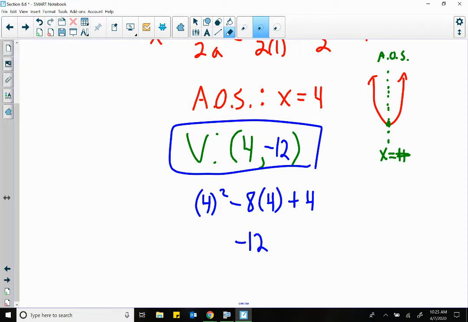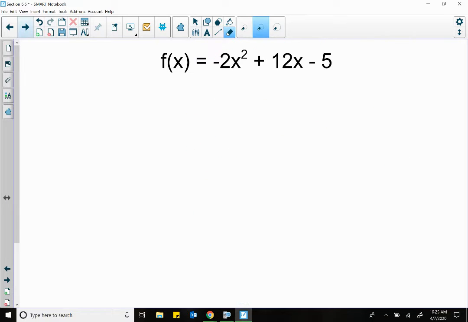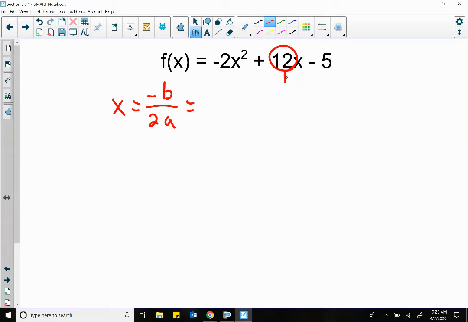Okay? All right. So go ahead, pause the video, give this one a shot. Okay. So hopefully the first thing you did was find that axis of symmetry. So x equals the opposite of b all over 2a. Here is b.